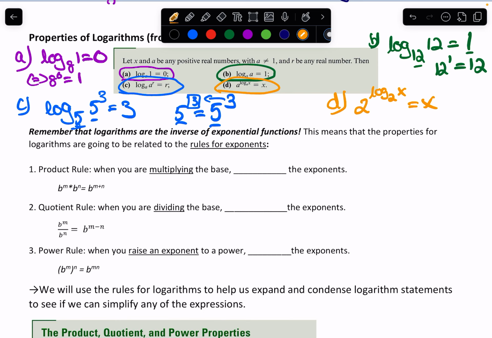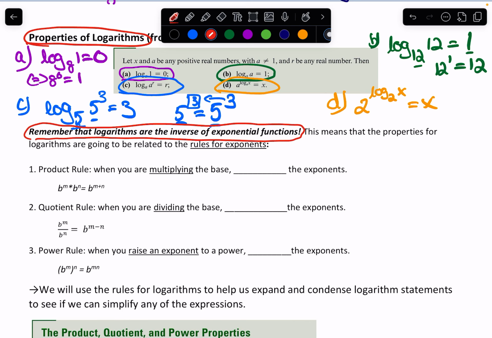So what you need to do is memorize these properties of the logs, A, B, C, and D. Now, again, remember that logs are the inverse of exponential functions. This means that the properties for logs are going to be related to the rules for exponents.